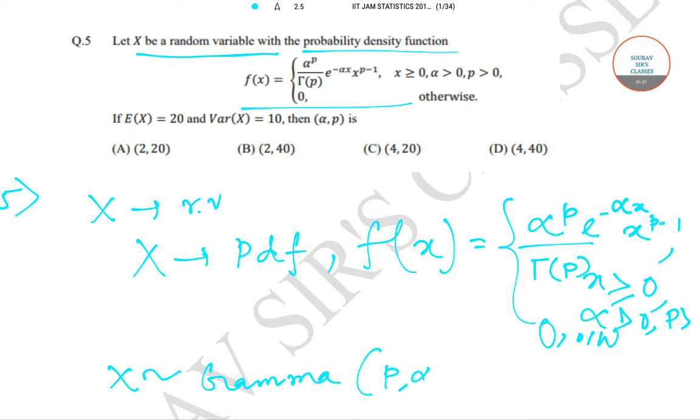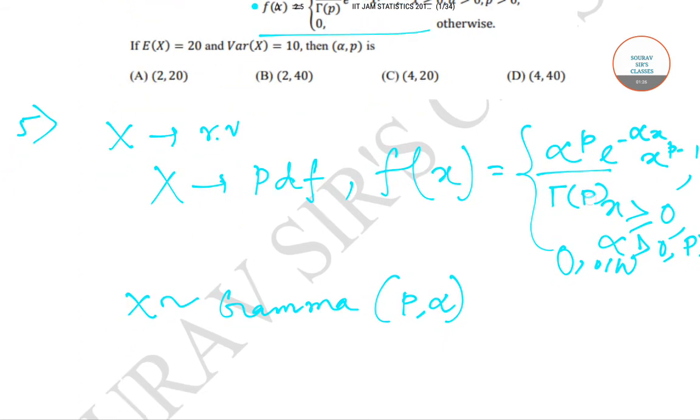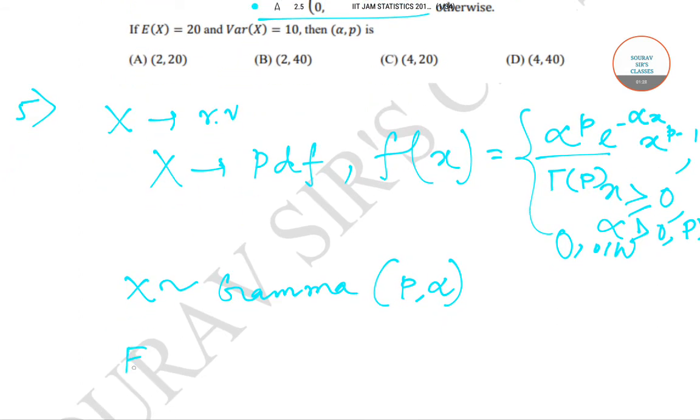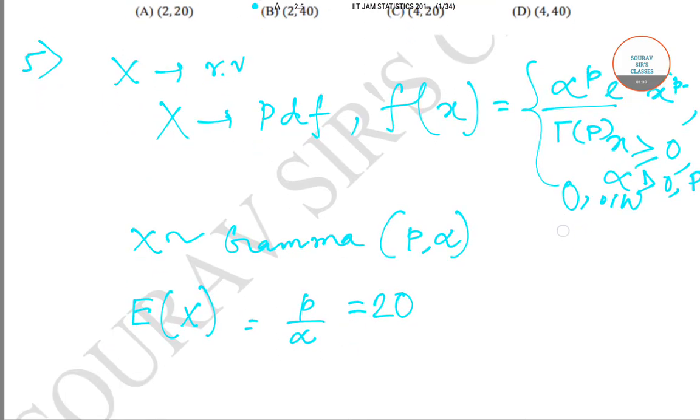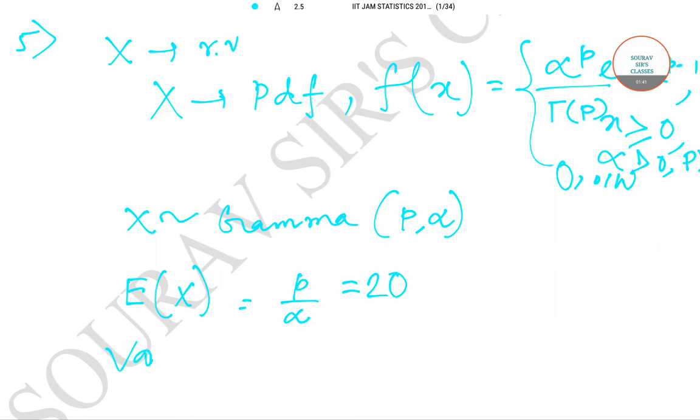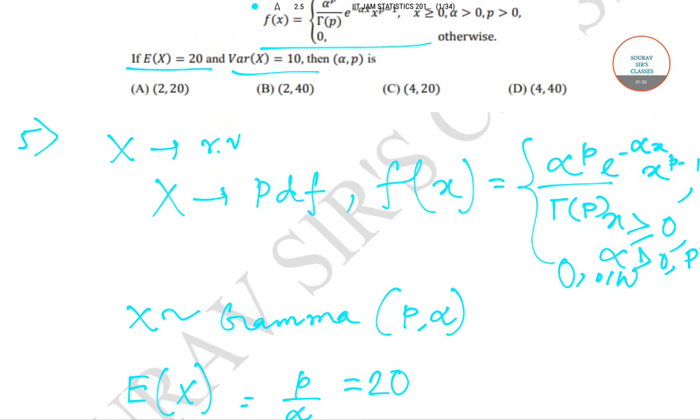p and alpha. In case of gamma distribution, we know that we can calculate the expectation of x as p by alpha. We are also given the expectation of x as 20 in the question. And for a gamma distribution, variance of x is equal to p by alpha square, and in the question we are given that variance of x is equal to 10.